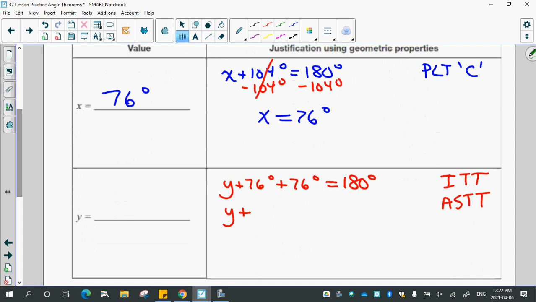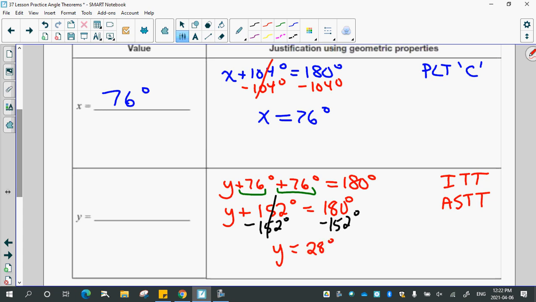So I'm going to add up the 76 degrees together and get 152 degrees. And then you have to fill it into the chart.